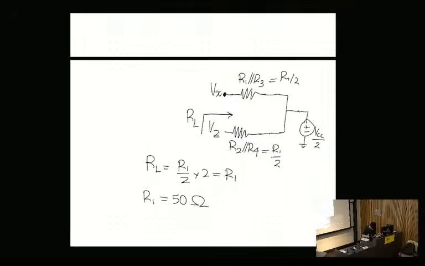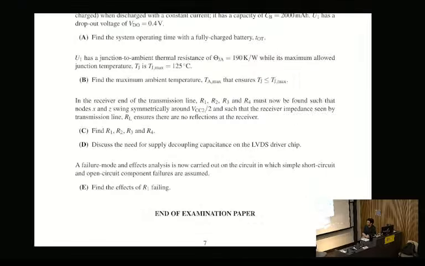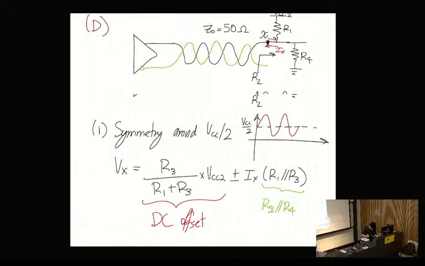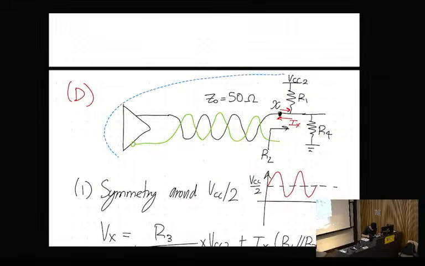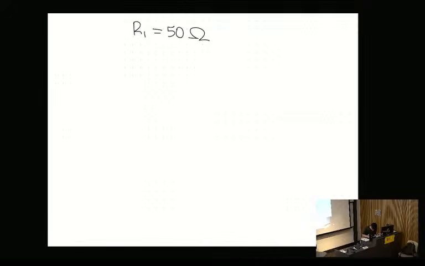Okay, so find the effects of R1 failing. If I look at my circuit here, if R1 fails, that means it either opens or shorts. So let's just consider the case where it's open. I'll just copy this circuit and take it down here.